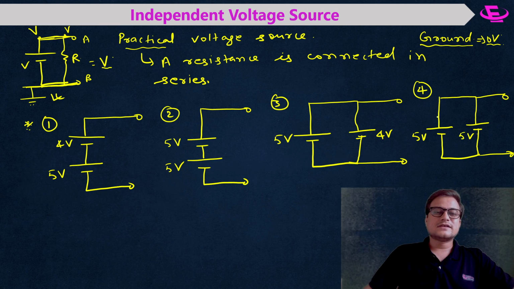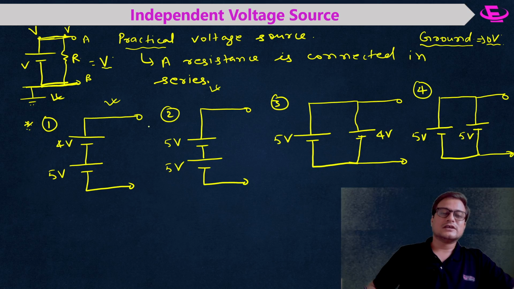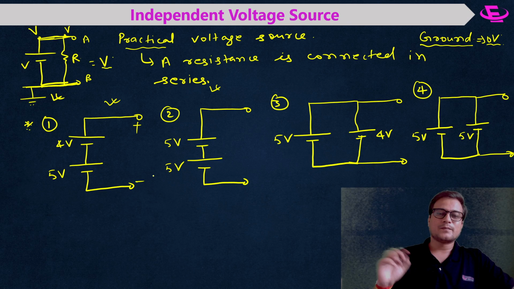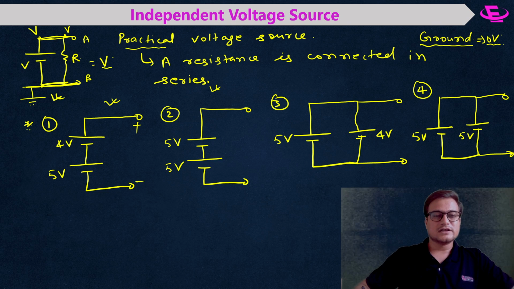Now you are an electrical engineer, and somebody comes to you and simply asks, engineer sahab, there are 4 different circuits. Now you tell me the terminal voltage, the value of terminal voltage for all the 4 conditions.